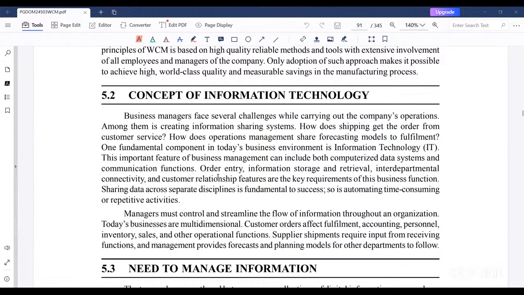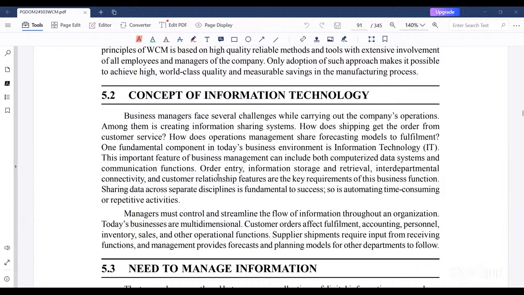So to know all this, one fundamental component in today's business environment is information technology. Only technology is the solution for the management to know the details of all these things. For example, if the organization is a manufacturing unit and they want to know how they are ordering, the management may or may not be available all the time.